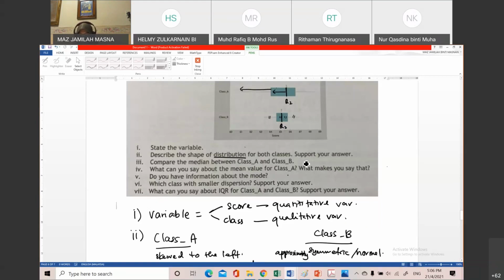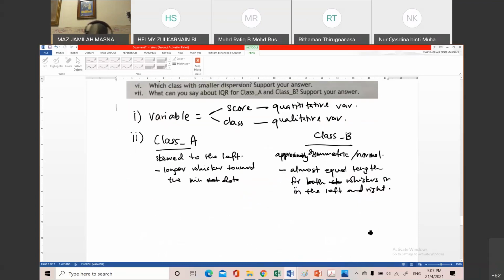Median class A has higher score than median class B. Yes. The median score of class A is larger than the median for class B.